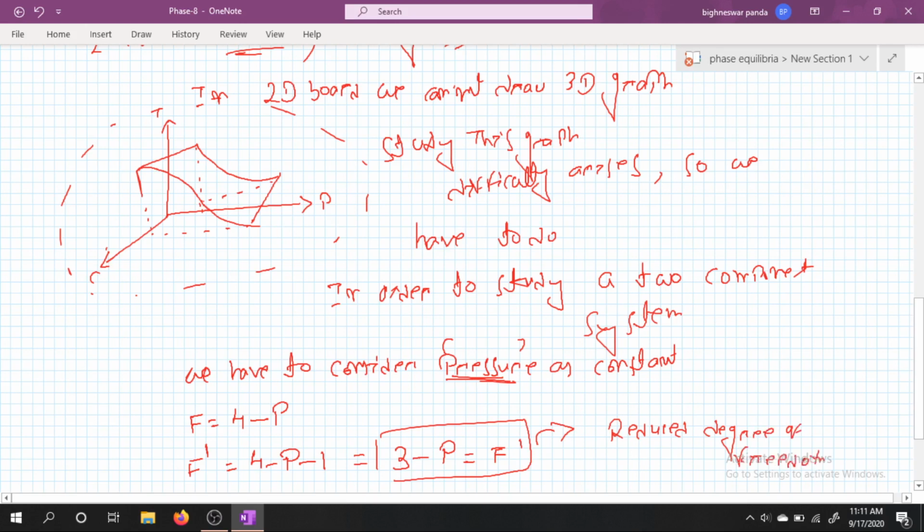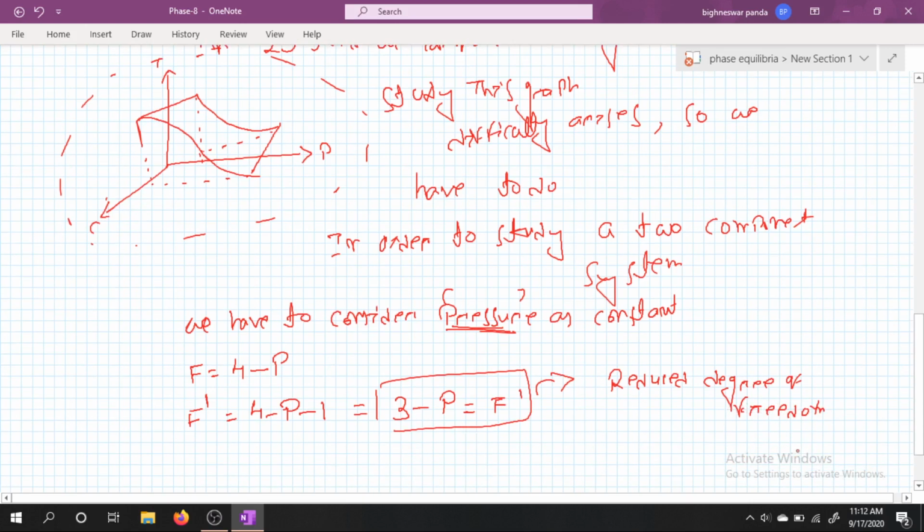Why are we taking the reduced degree of freedom? Because if we consider a two component system, there will be a development of a 3D graph, and in order to study a 3D graph a lot of difficulty will arise. So for all two component systems, we have to consider the pressure as remaining constant.